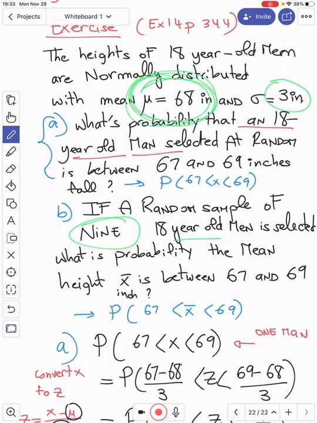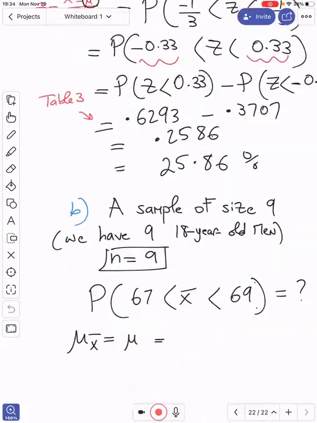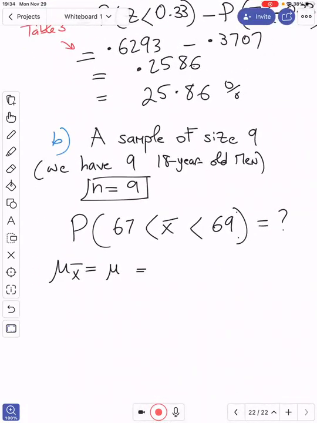The mu of x is 68, and its sigma is 3. So for the sample mean, the mu is the same, 68 inches.